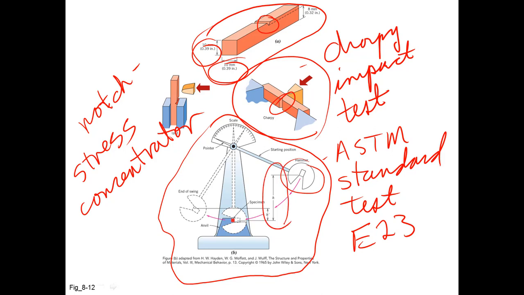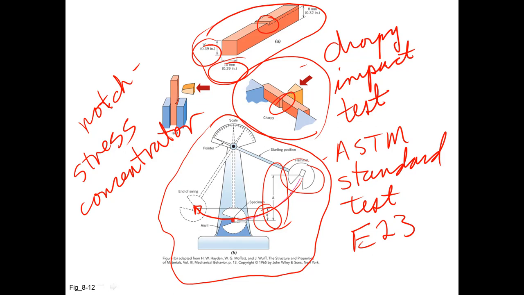It swings through, hits our sample, and comes to some end of swing height, h prime. If we know the original height and the final height, we can then back out the energy absorbed during this testing process. This is called the Charpy impact test.